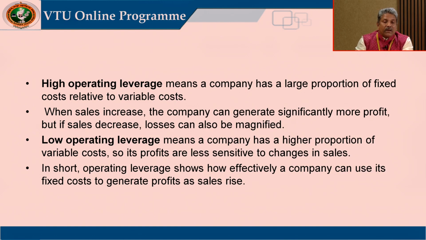Low operating leverage means a company has a higher proportion of variable cost, so its profits are less sensitive to changes in sales. Selling price is equal to fixed cost plus variable cost, which gives the total cost, and when we add profit to the total cost, we get the selling price.